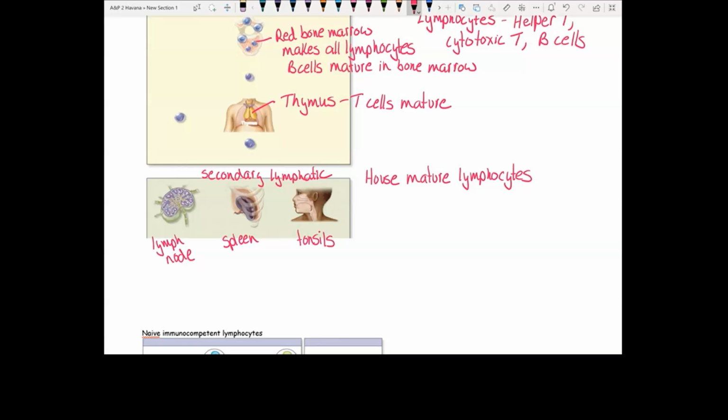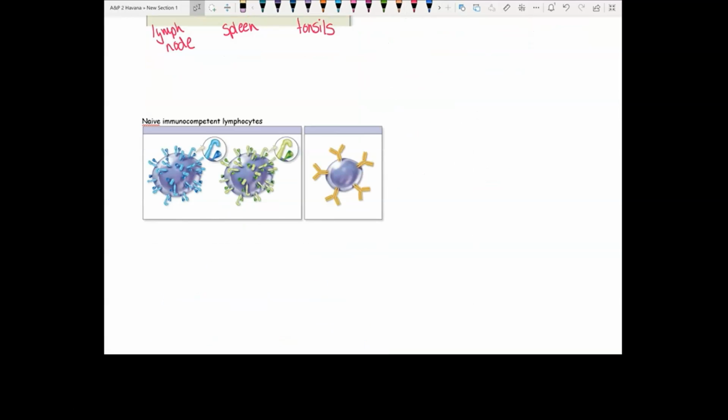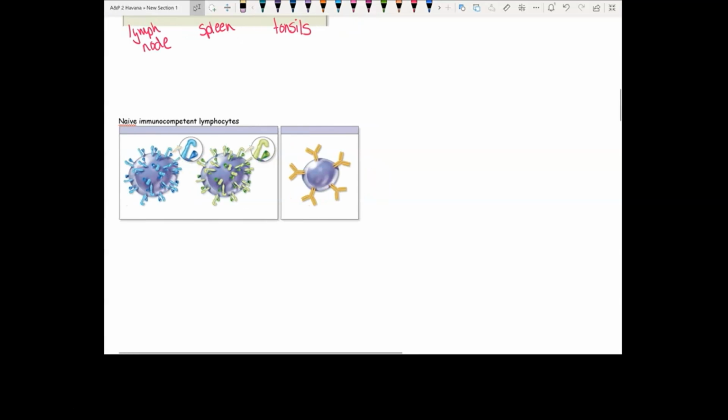Now let's take a look at what it means to be a mature lymphocyte. Here we have naive immunocompetent lymphocytes. Naive means that they have not fought a pathogen yet. It's like they're fresh out of training, they're ready to go, but they haven't yet done battle.